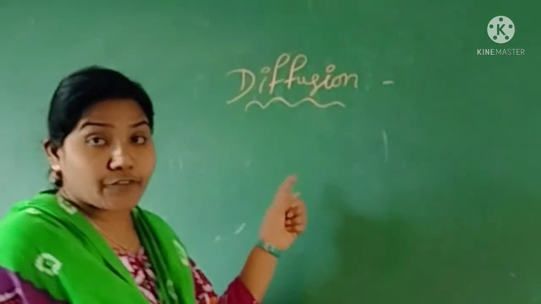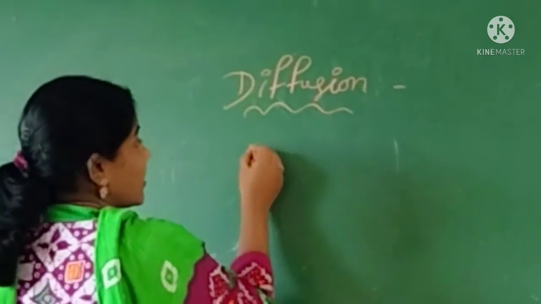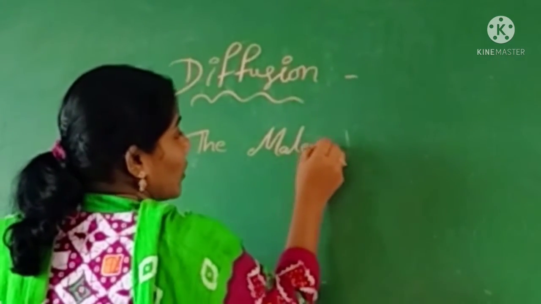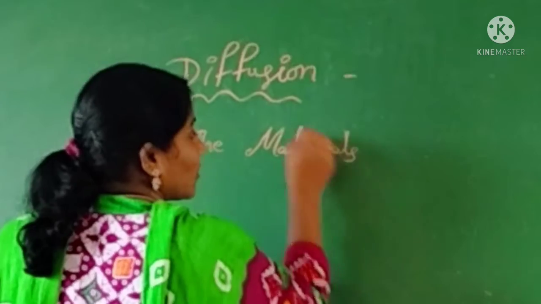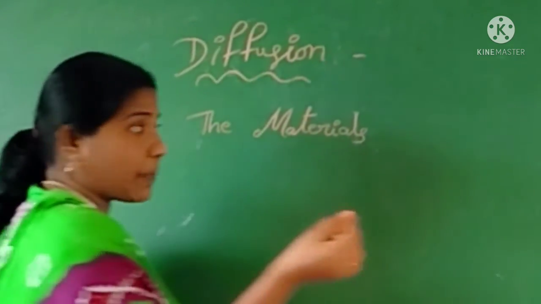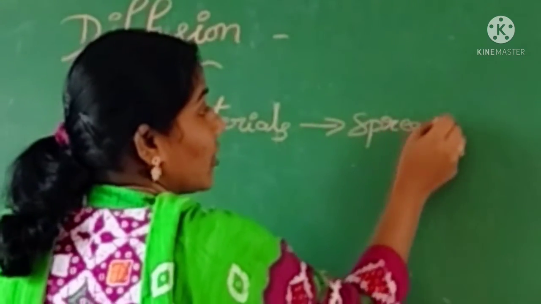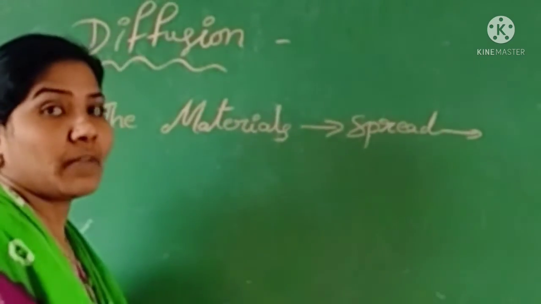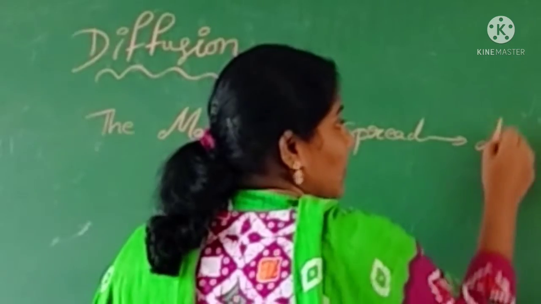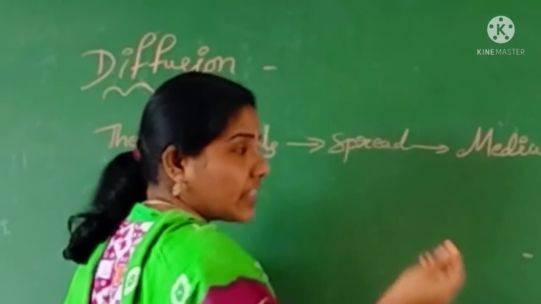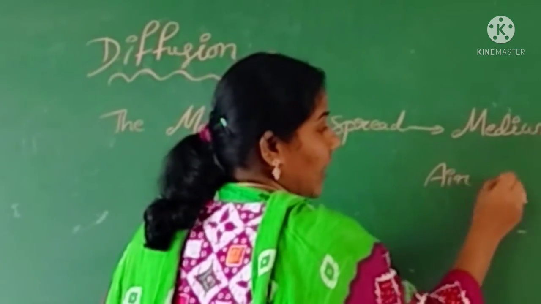So diffusion means the materials which spread uniformly with the help of mediums, like air and water.